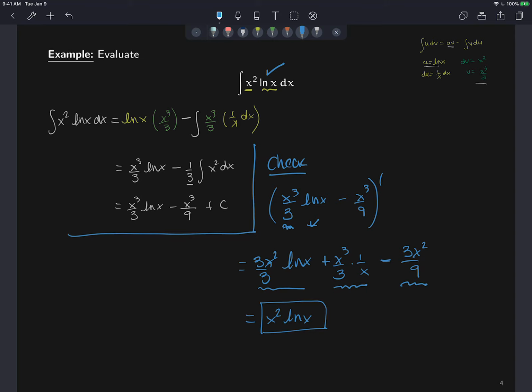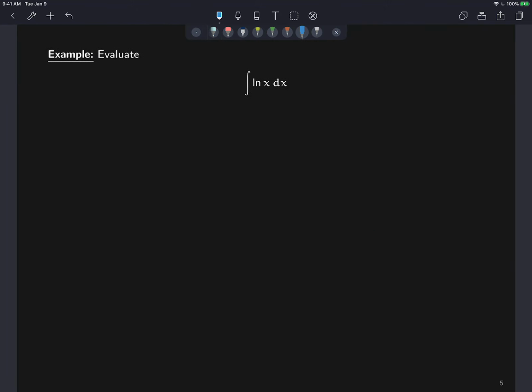Okay, a second example. I said I was going to do the natural log of x. So we don't know a function whose derivative is a natural log of x. And this is where integration by parts comes in very handy.